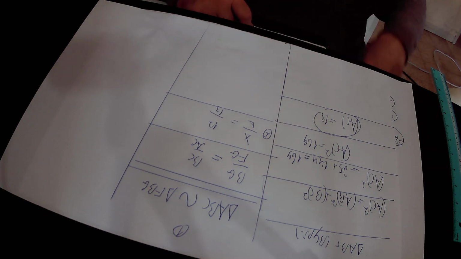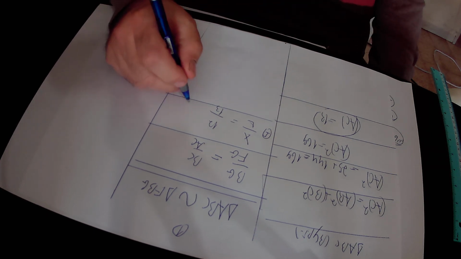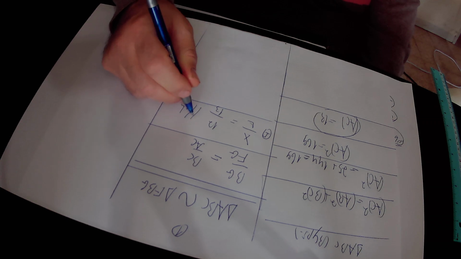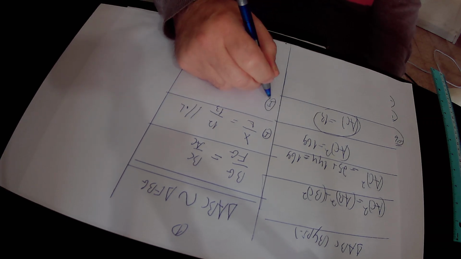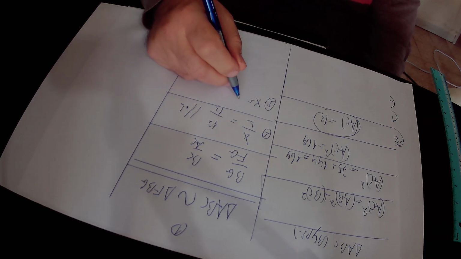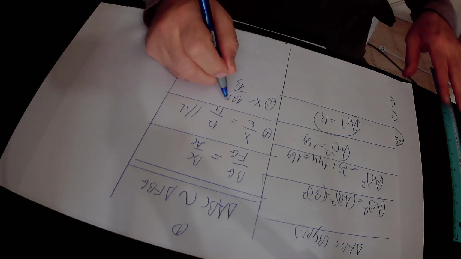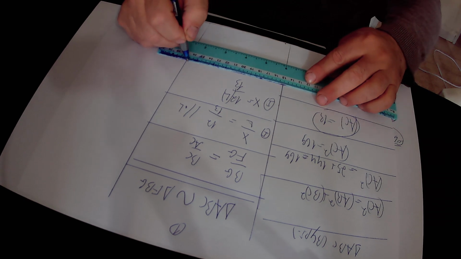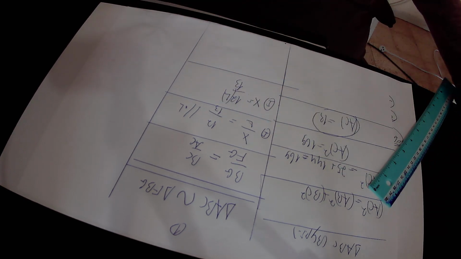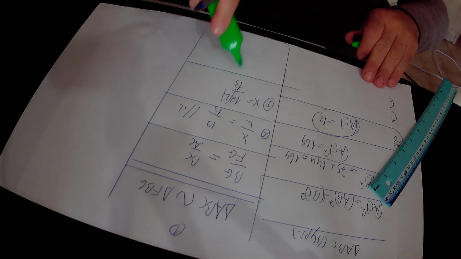Here we will multiply equation 1 by L, and finally we will get that x equals 12L over 13. Again, according to equation 1, x equals 12L over 13.